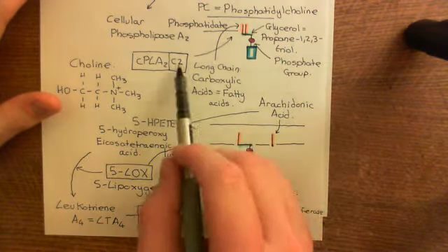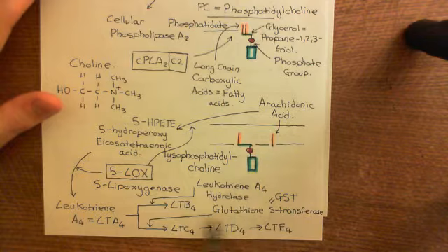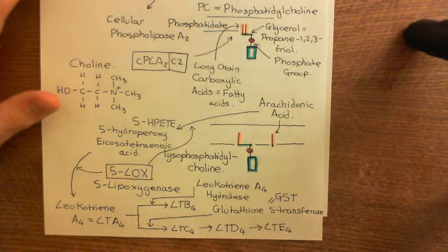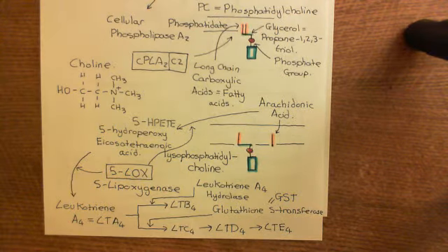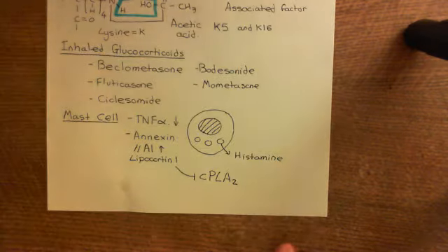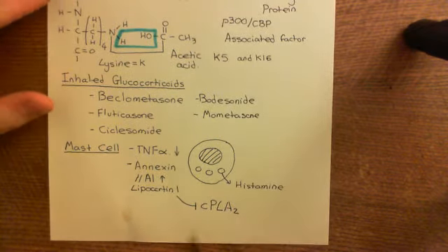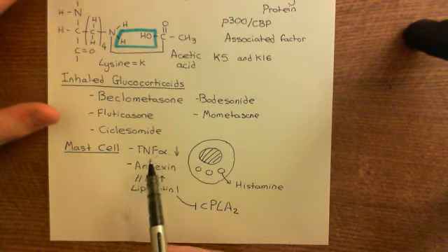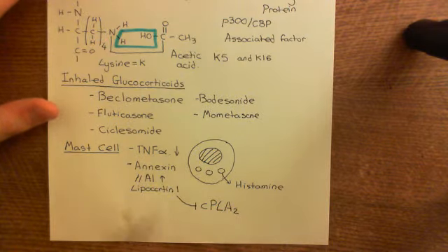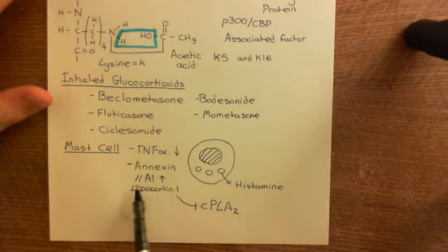So, if you inhibit this enzyme, you don't produce any arachidonic acid. If you don't have any arachidonic acid, you don't produce any of the leukotrienes. So these mast cells are also not going to produce much leukotrienes. So, not only has the glucocorticoid had the effect that it's reduced the expression of tumor necrosis factor alpha in these activated mast cells, it's also reduced the production of leukotriene B4 and cysteinyl leukotrienes.